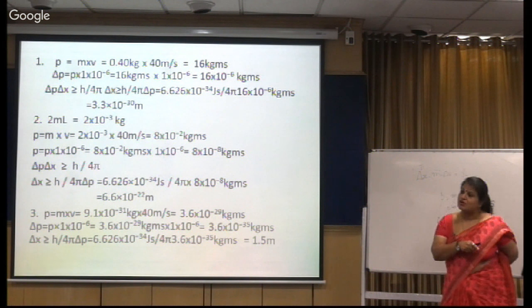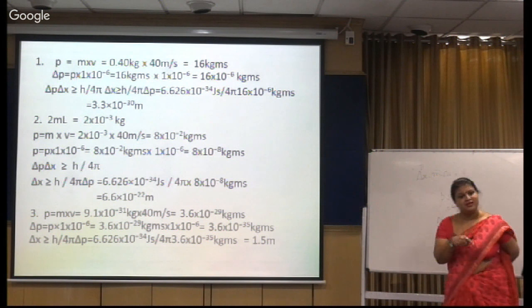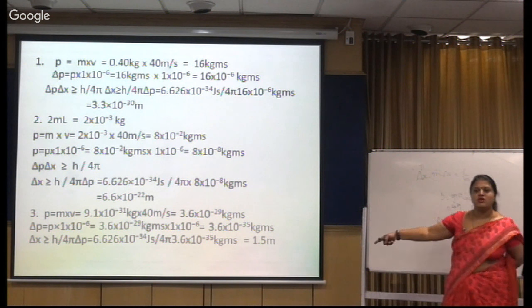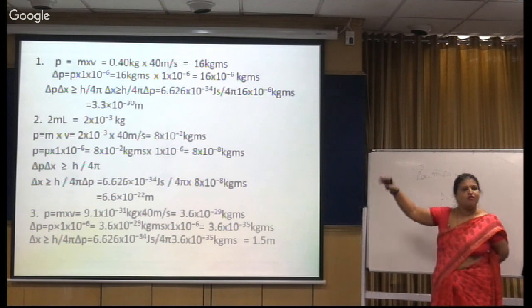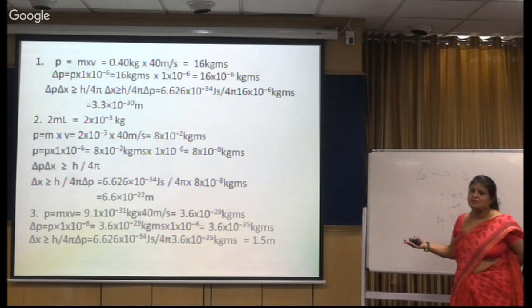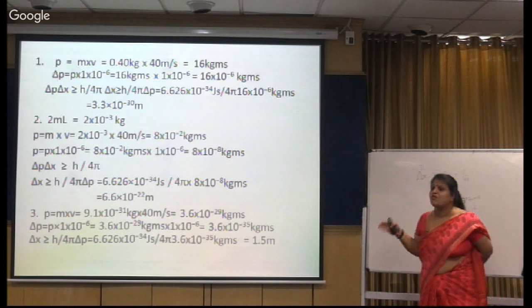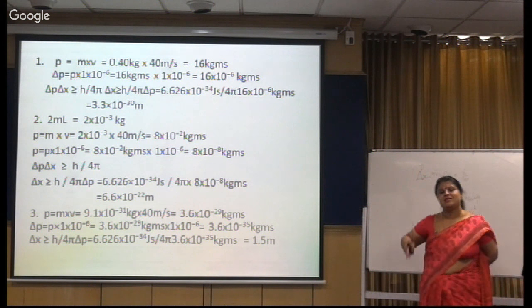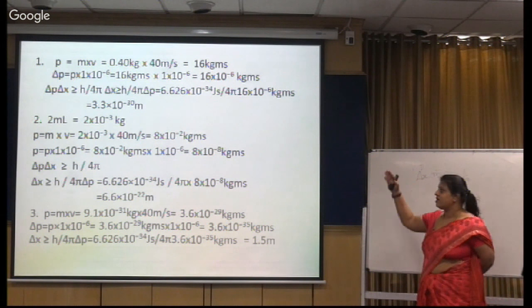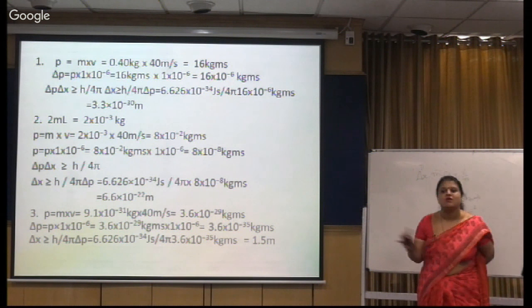So for a microscopic object like electron, either of the two, the position or the momentum, can be determined, but not both. So in all these three numericals, we have decreased the mass from macroscopic to a macroscopic body of a smaller mass, and finally to the microscopic object. And the conclusion is the same that we have been harping on, that for microscopic objects, Heisenberg's uncertainty principle is very well valid, whereas for macroscopic objects, it is not valid.